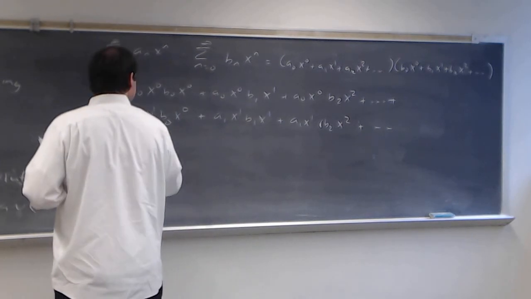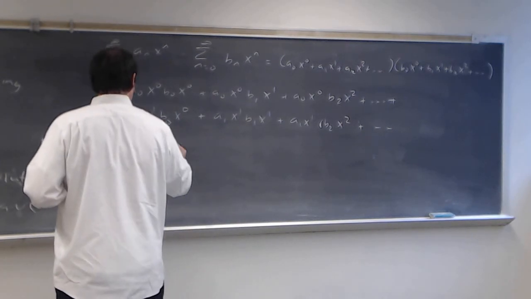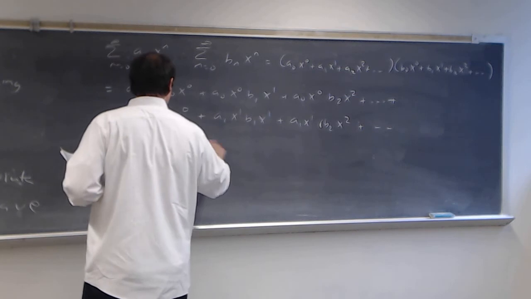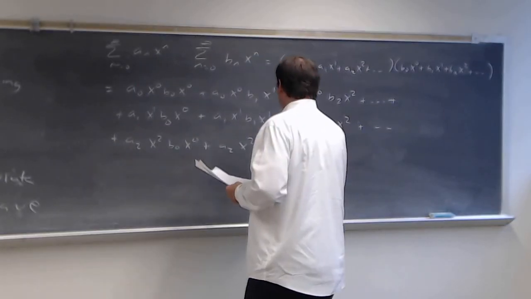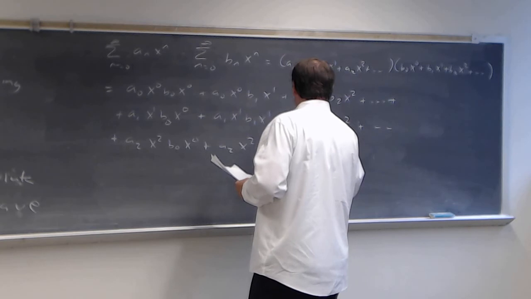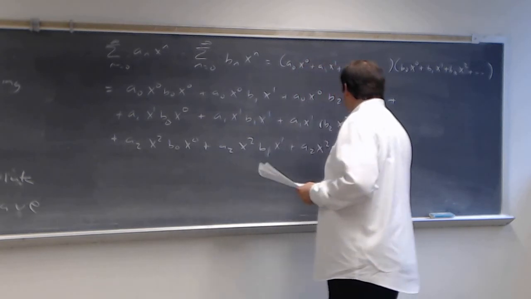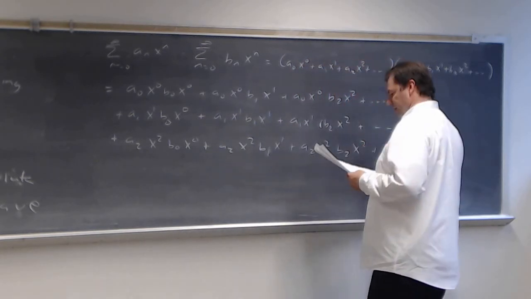plus here a sub 2 x squared times b sub 0 x to the 0 plus a sub 2 x squared times b sub 1 x to the 1 plus a sub 2 x squared times b sub 2 x squared plus forever.